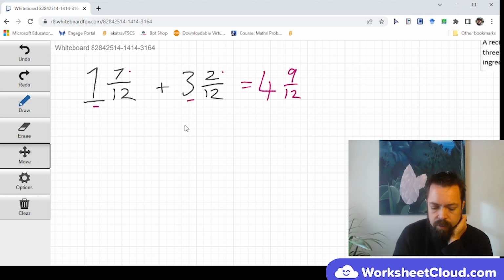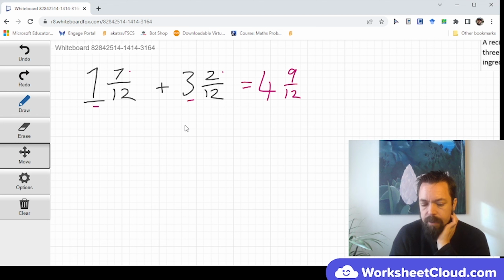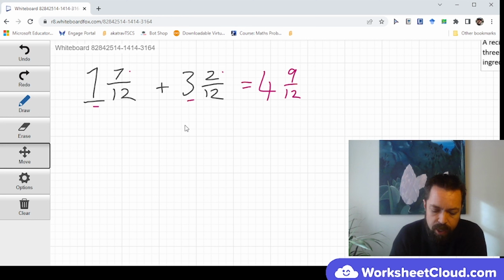Some of your teachers will want you to simplify these answers. What that means is we've got to write this in the simplest possible form. I notice that it's not in its simplest form now. I'm going to do this for one of them only because it's not what we're actually practicing today. Simplifying is a different skill that you should already be practicing. When we simplify a mixed number, the whole number stays the same, nothing changes.